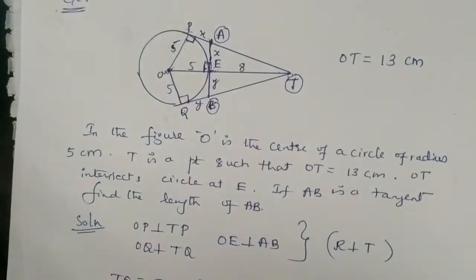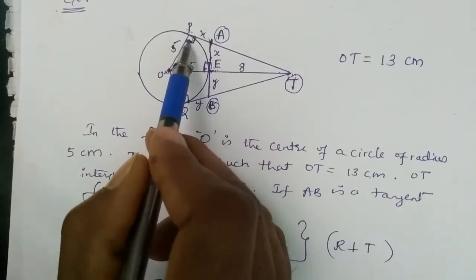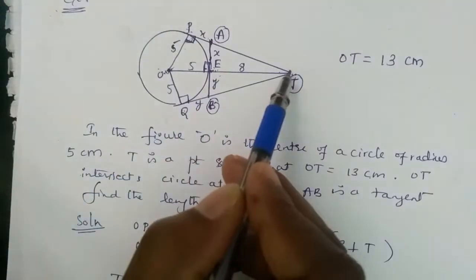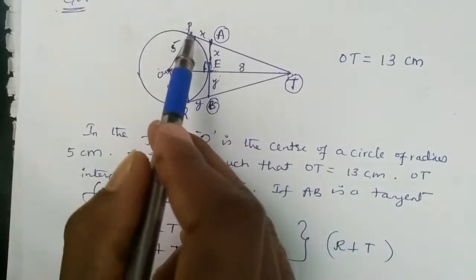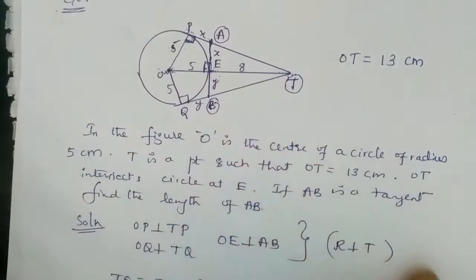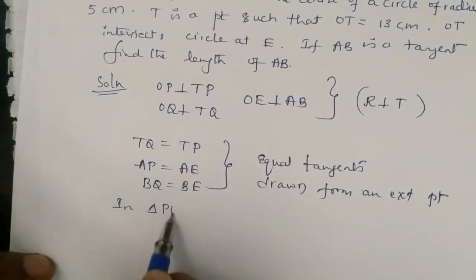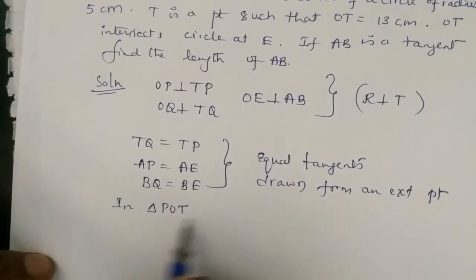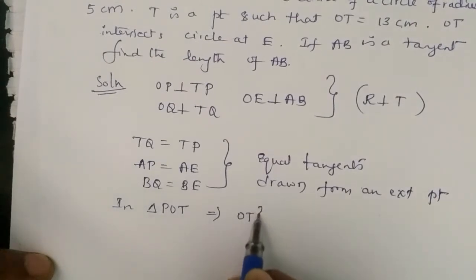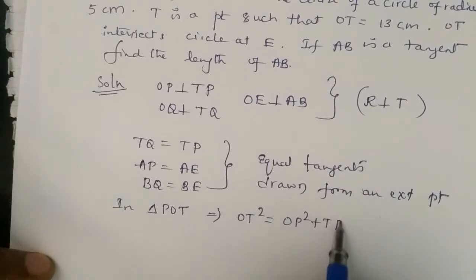That we'll find by Pythagoras theorem. Because when we consider this right angle, the hypotenuse is OT. I'm considering the big right angle triangle, don't confuse, the big one, that is POT. In triangle POT, what can we write? OT square is equal to OP square plus TP square.